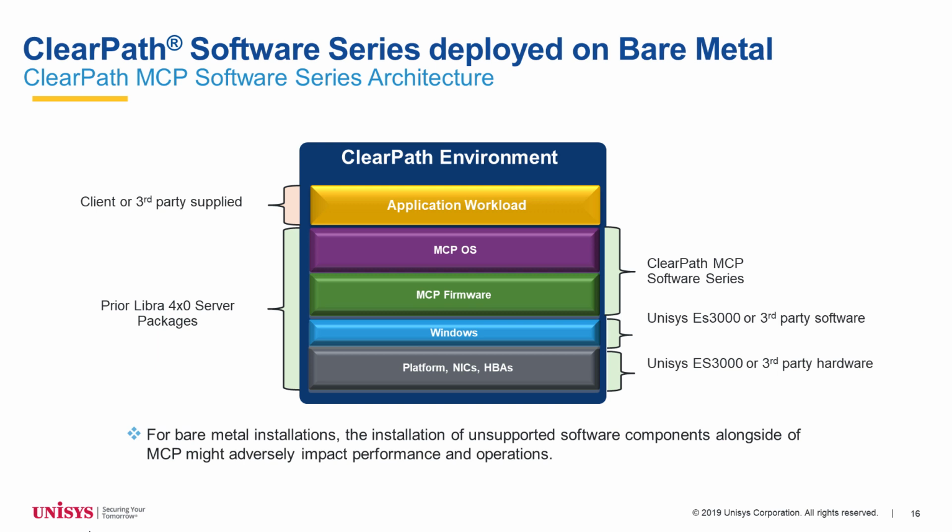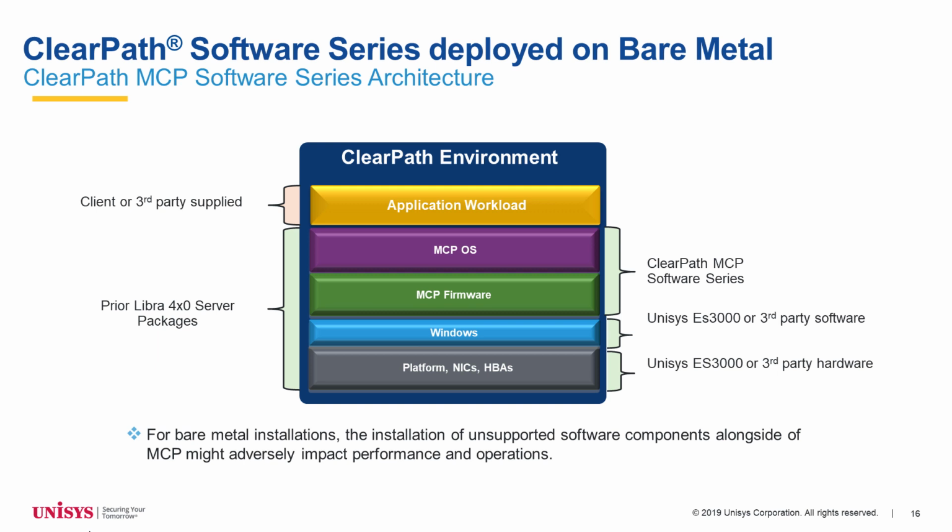So as you can see, what we would provide in this case, if you were licensing ClearPath MCP Software Series, we provide the MCP OS and the firmware. Everything else is optional. Everything that you see on the right side, the hardware, you can choose. You can purchase it from Unisys, or you can get it from a hardware vendor of your choosing. The NICs, the HBAs, all of that.